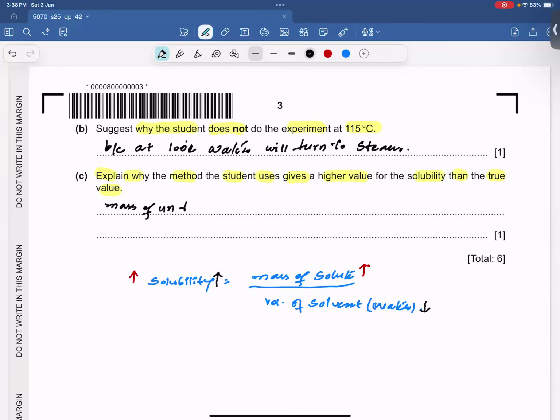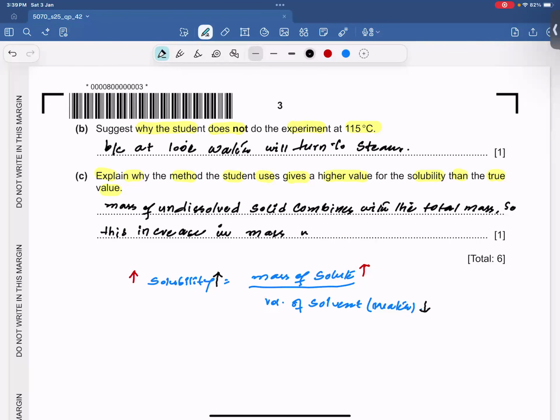Mass of undissolved solid combines with the total volume, total mass. So this increase in mass increases the solubility.